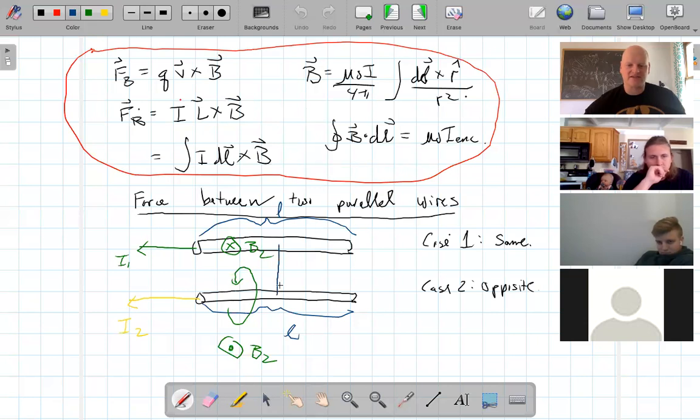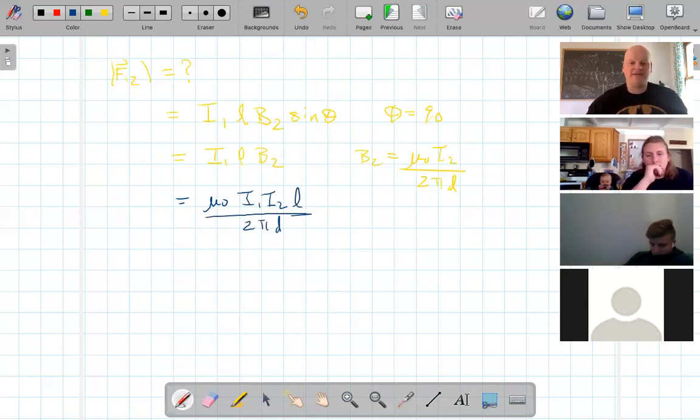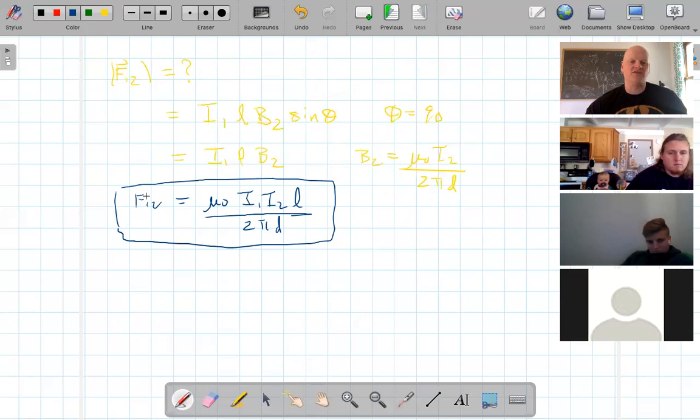So this distance here is the distance d. And we got this last time using Ampere's law. So put all this together, this becomes mu naught I1 times I2 times L, all divided by 2 pi d. So this is my force on wire one by wire two, magnitude-wise anyways.